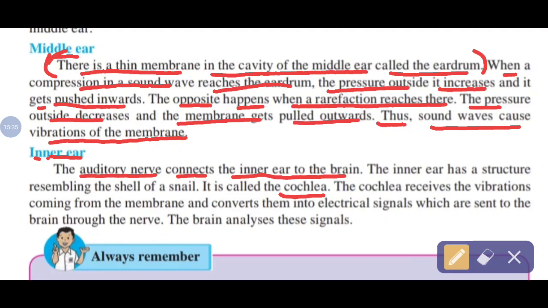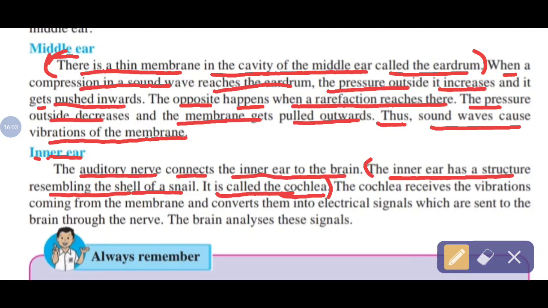What is the cochlea? So mark from here, this bracket. The inner ear has a structure resembling the shell of a snail, which is called the cochlea.